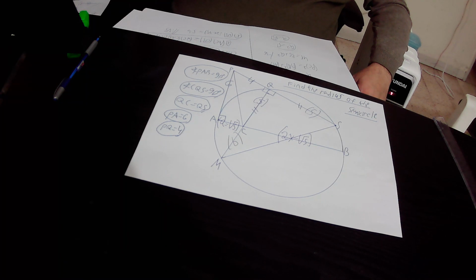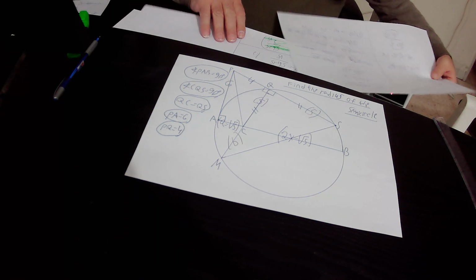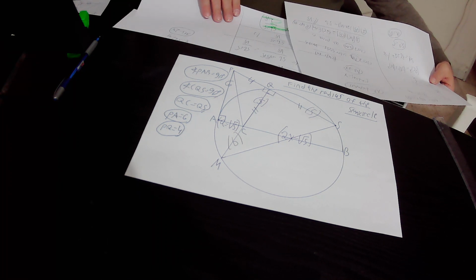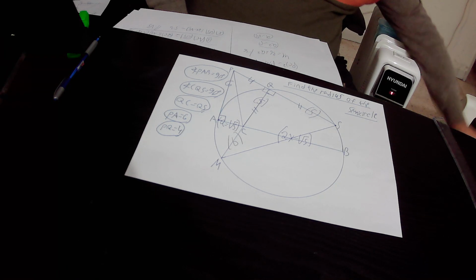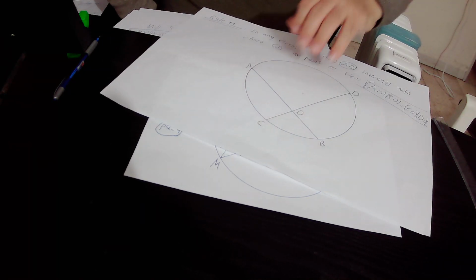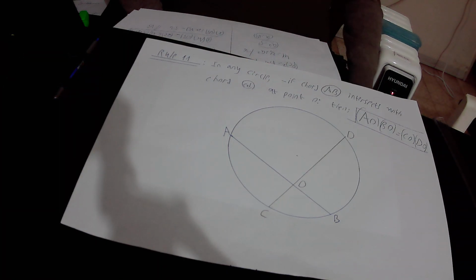And then I presented to you rule number 11 and we implemented rule number 11 in our drawing. Rule number 11 talks about two chords that intersect with each other in a circle.